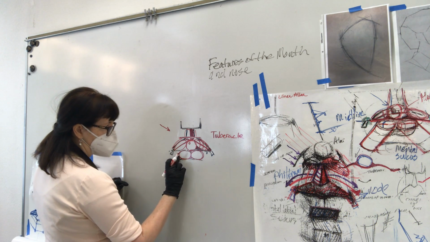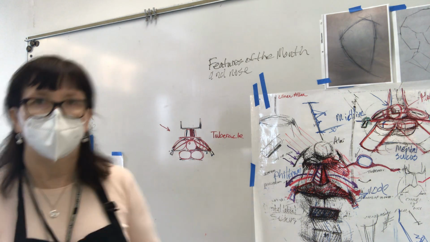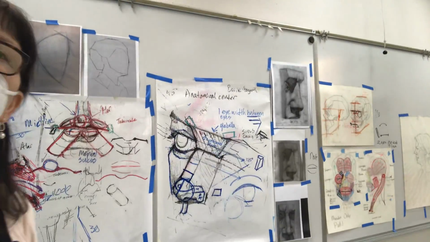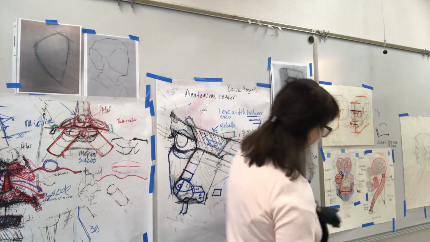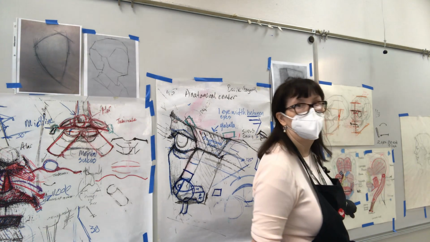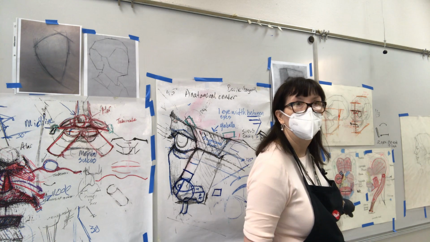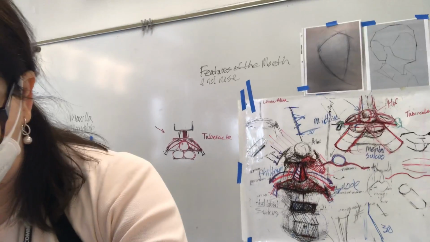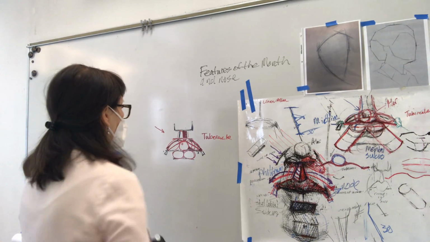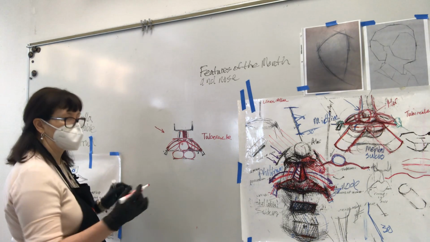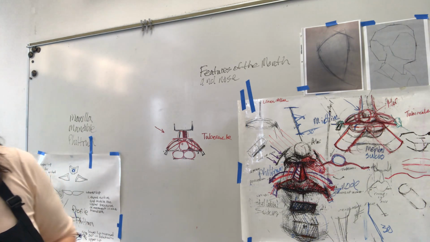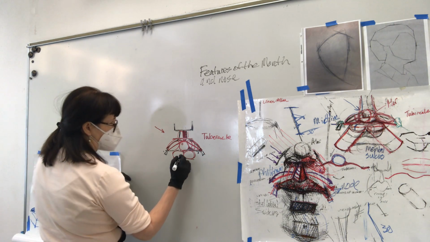So back up to the musculature, and I'm going to rotate the camera so we can come back here. Down here, we have this mentalis group of muscles, right? Now I'm going to show you what that looks like. This is a column. It could also be called a cylinder.